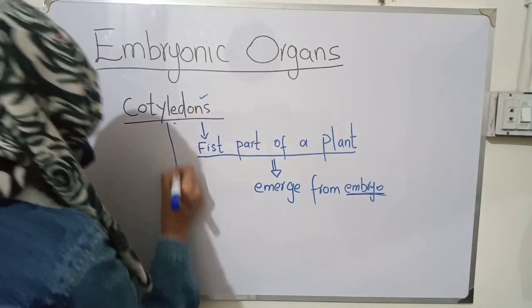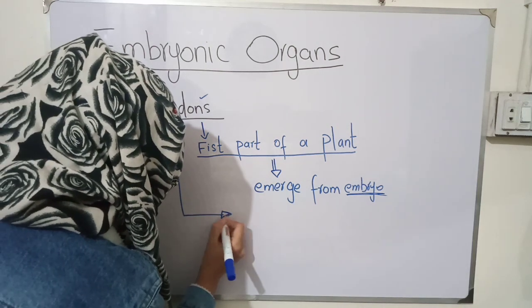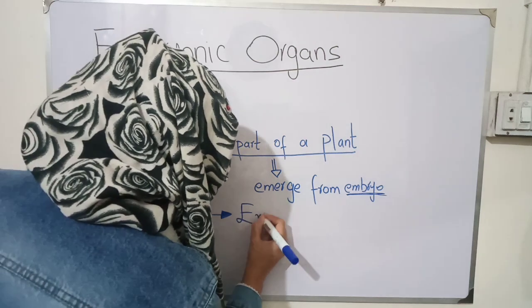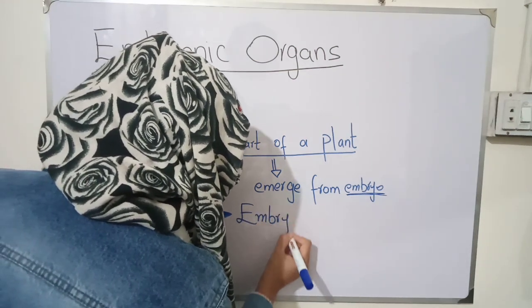It is also called embryonic leaves because it is the first part formed from the embryo.